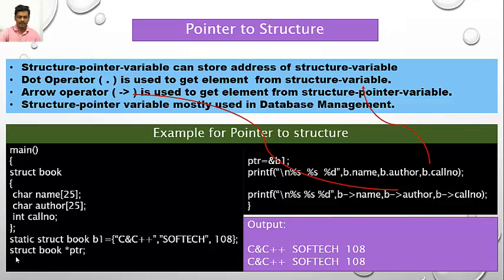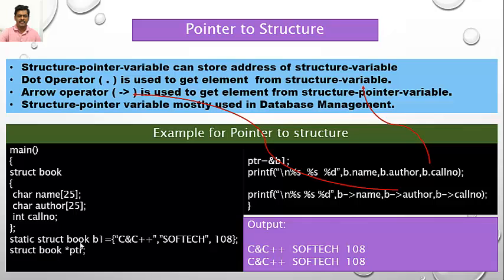If we want to declare an integer pointer variable, we just write integer star k. If we want to declare a structure pointer variable, we just write struct book star PTR.